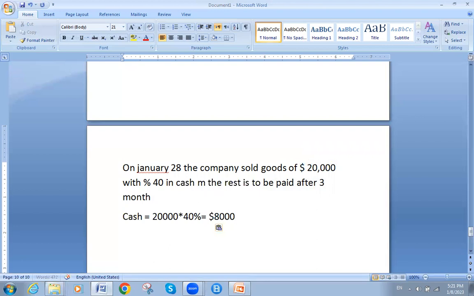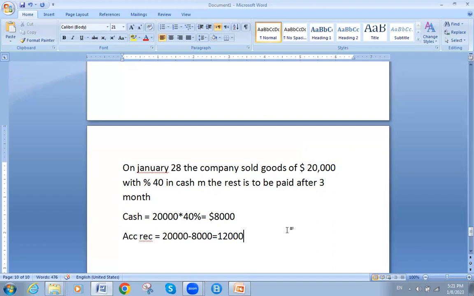Okay, then what about the account receivables? Because for the others, the buyer will say to me, I will not pay you now, I will pay you later. So I said, okay, you will sign checks, you will sign a bill of exchange or whatever. So it will be considered as account receivable. So in that case, the account receivable part will equal the 20,000 minus the 8,000. That will equal 12,000.